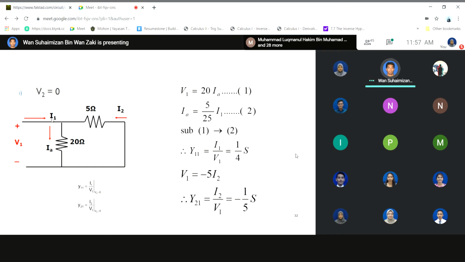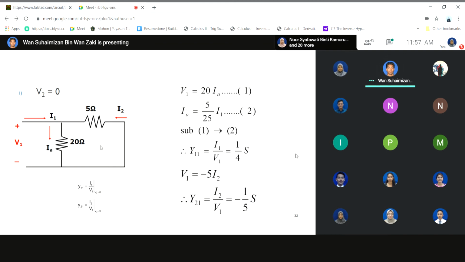You cannot put I2 the other way; it must go into port number 2. Same thing here, the polarity is plus minus for V1.